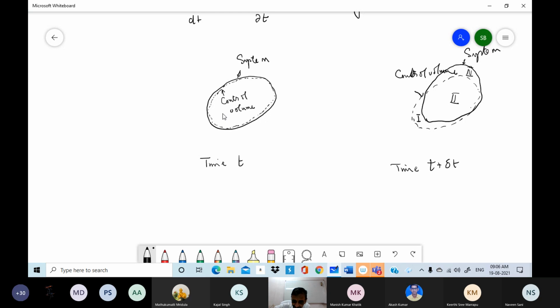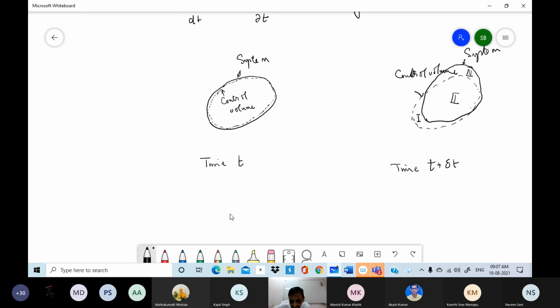So showing that as a dotted boundary seems more logical. So let's say this is my boundary of the control volume. And at time t, I choose my system to have a boundary which coincides with the boundary of the control volume.